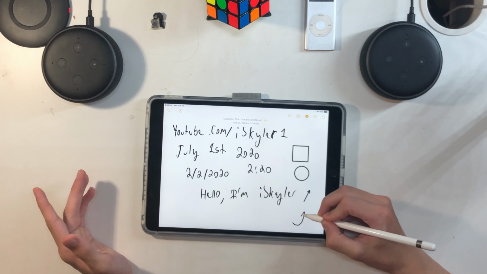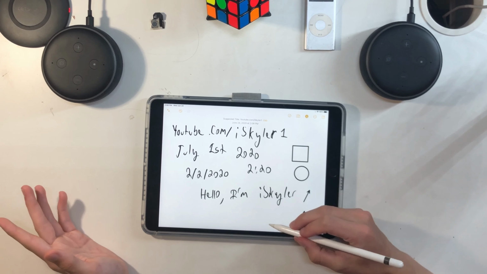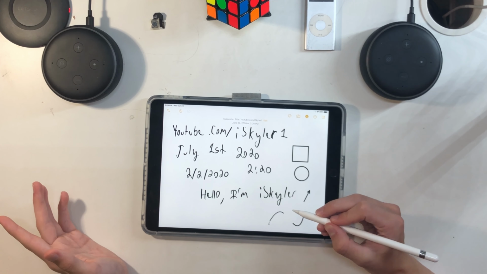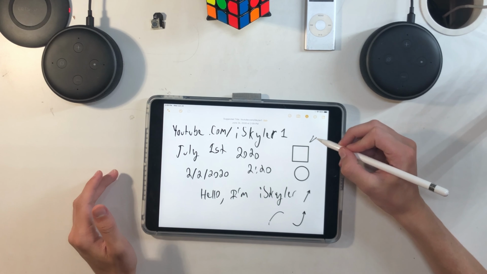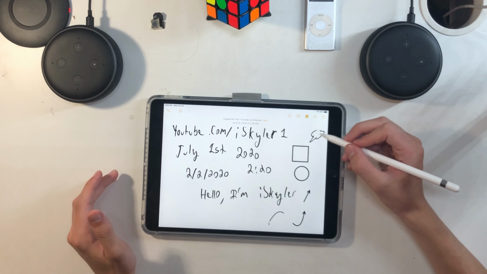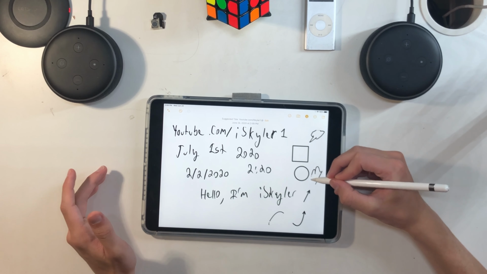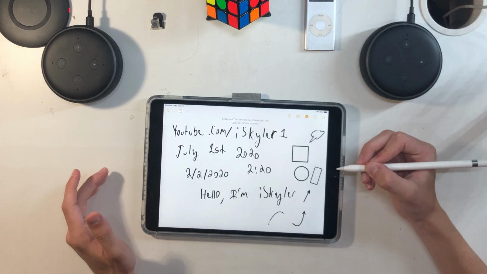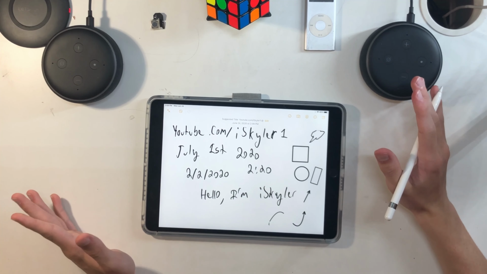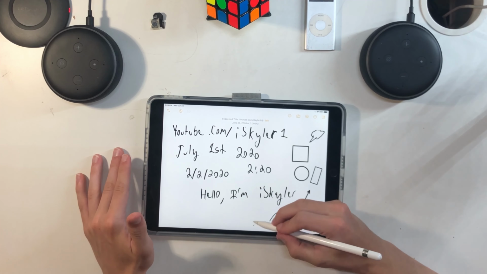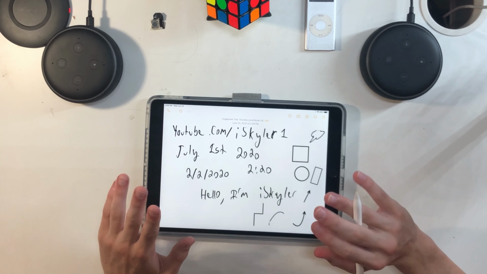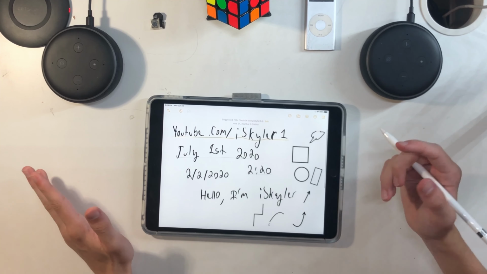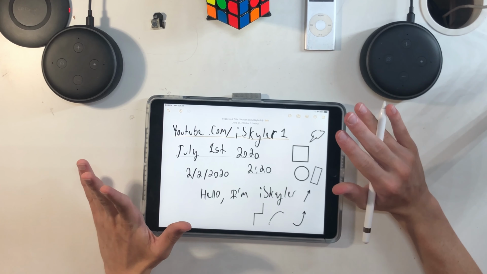A curve into an arrow. A curve. What else? A speech bubble we can try. Not sure. That didn't work. A heart is an option. Ugh. Okay, so you can try a lot of things here to see how they work. And yeah, there's a lot of fun options here with just writing with the pencil.